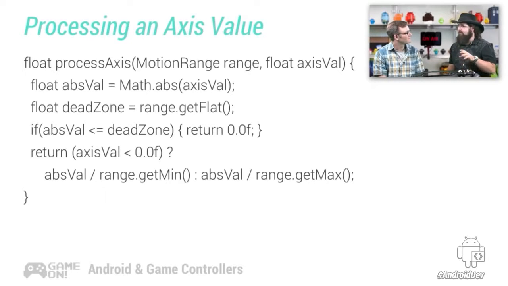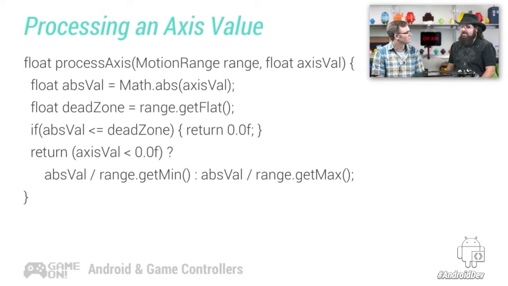You could add biases to your calculations to spit out 1,000 or 200. And getFlat here would probably look like, say, 0.05 or something like that. I think it would look even smaller. From what I've seen, it's usually like 0.02 or 0.0201. It's a very small percentage. Because remember, the values we're dealing with here are -1 to 1, and 0 is supposed to be that absolute center, but it fluctuates a tiny bit.